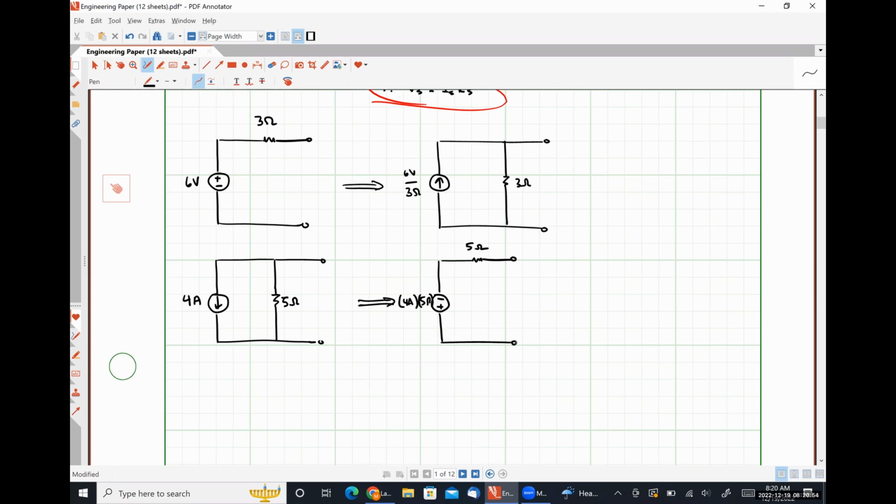And once again, the head of the arrow is effectively in the same position as the positive polarity terminal in the voltage source.